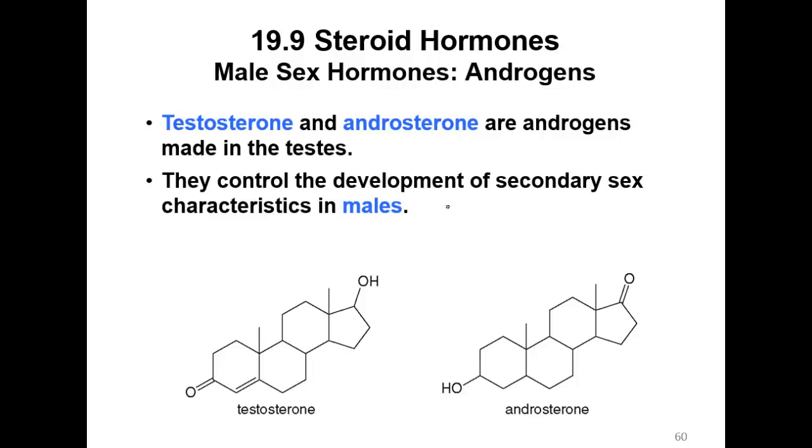Here is testosterone and androsterone, androgens made in the testes of males. They control the development of secondary sex characteristics in males. And again, very common structure. These do have all the methyl groups in them.